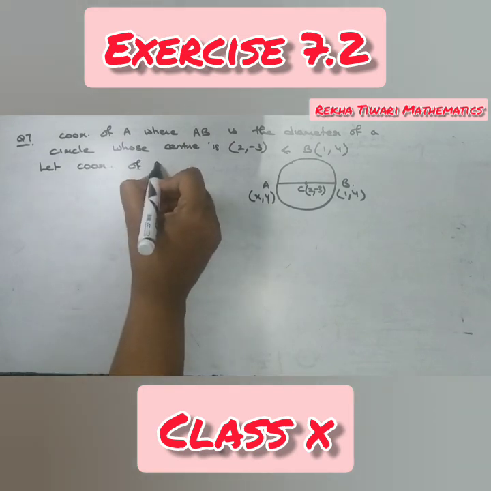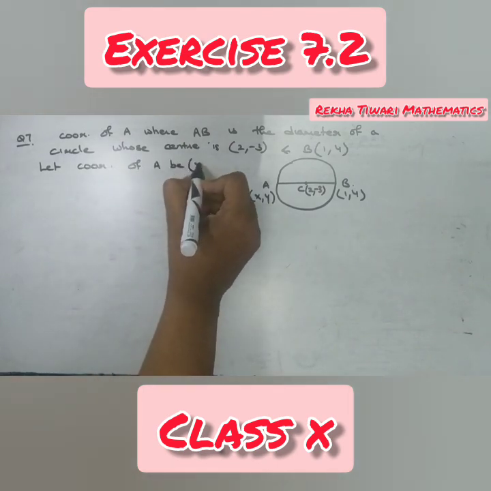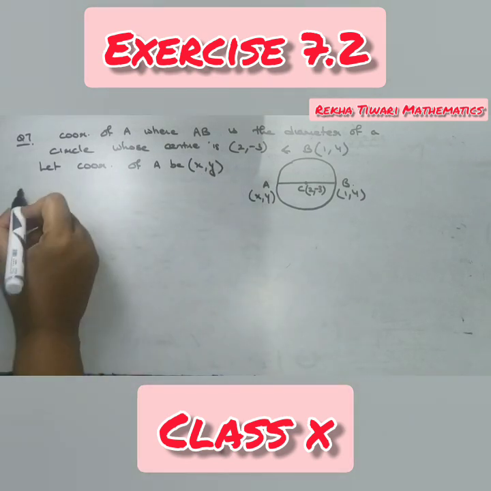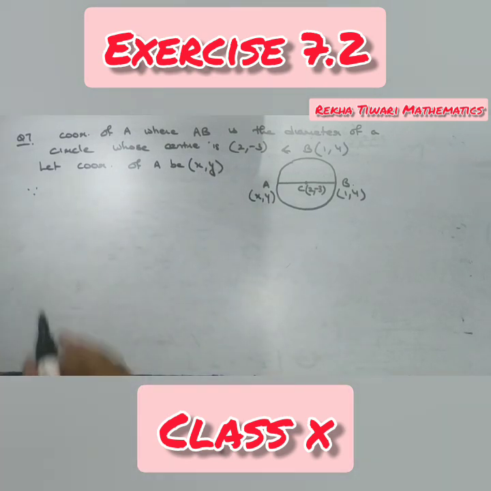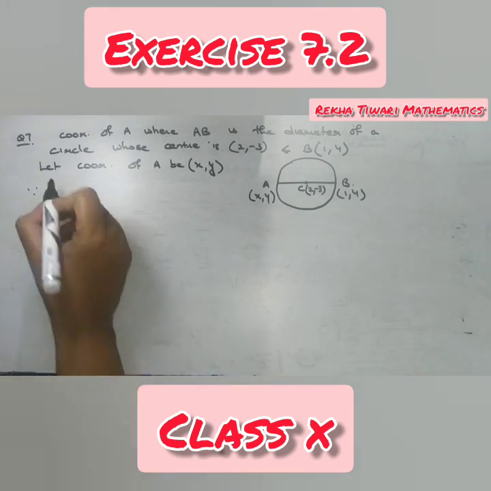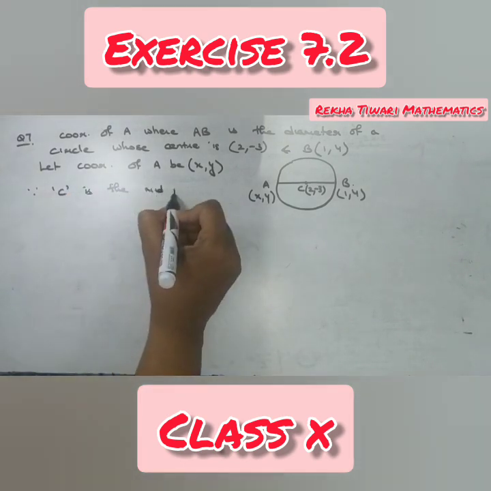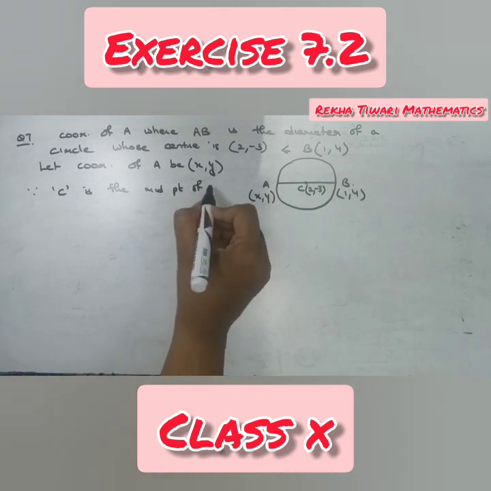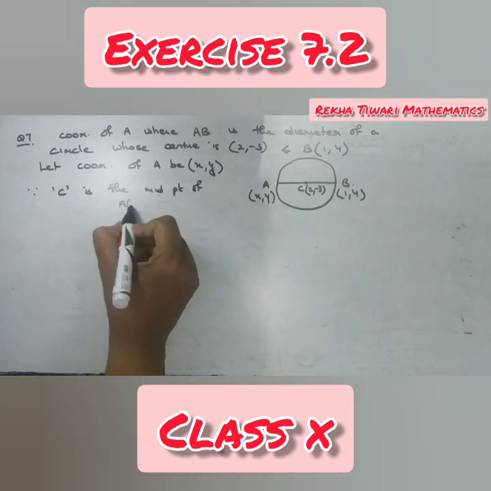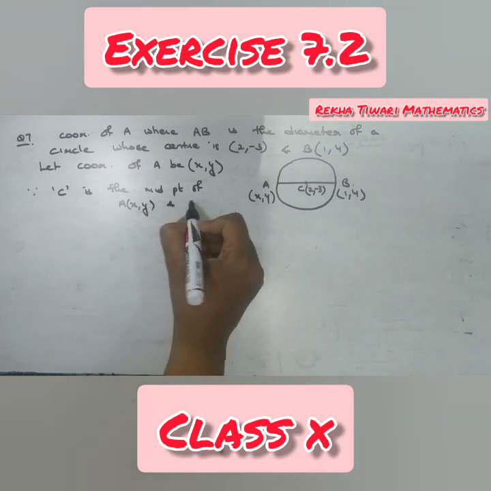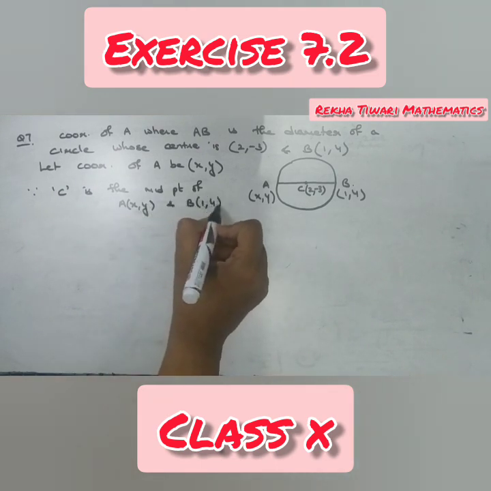Now since C is the center and AB is the diameter, this means C is the midpoint of A (x, y) and B (1, 4).